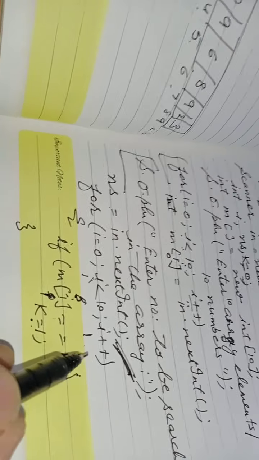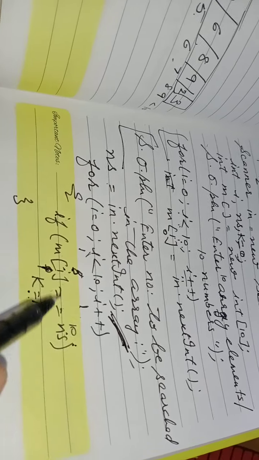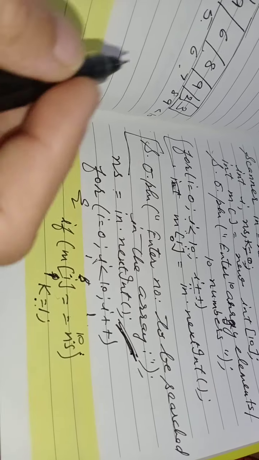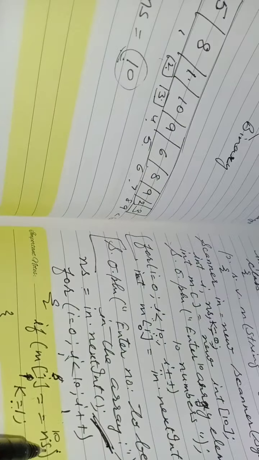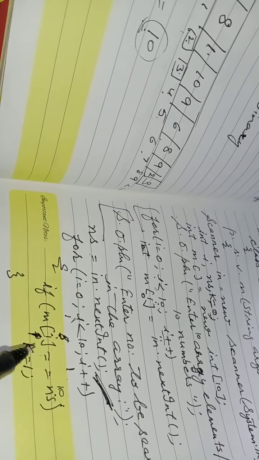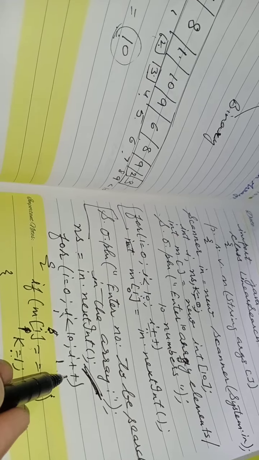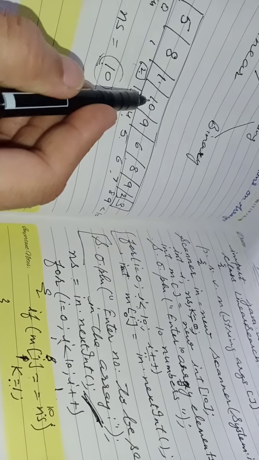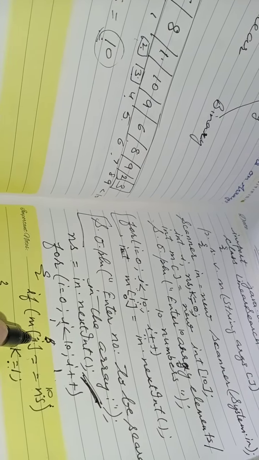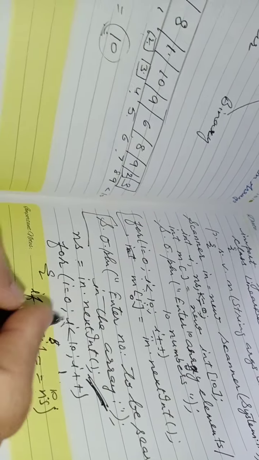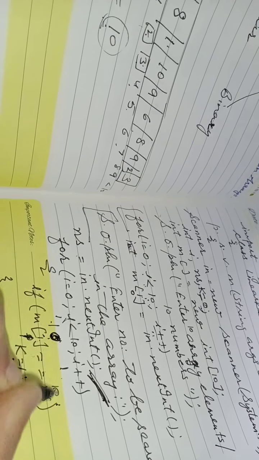Then i++. The same way we will go for the next values. Next is 1. 1 is not equal to 10, right? False condition. Then i++ becomes 3. See on 3, m[3], what is on 3? 10. So here 10 is equal to 10.